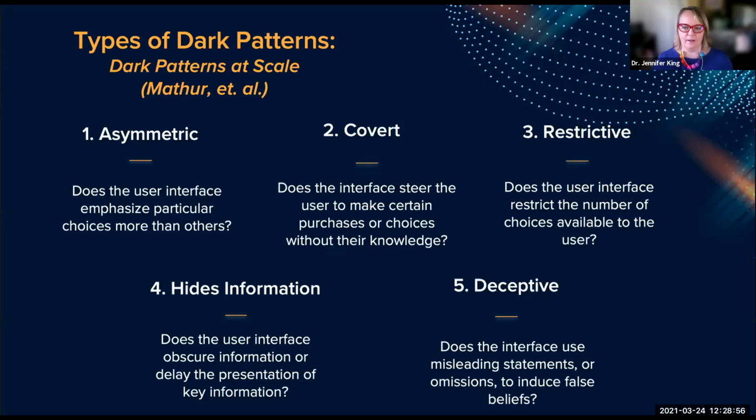But I think one of the really interesting insights they had is when you look across these, if you look at the first three definitions, we have asymmetric dark patterns, things that emphasize one thing over another. We have covert ones where you're being steered towards something without your knowledge. And you have restrictive dark patterns, which limit the number of choices we have.